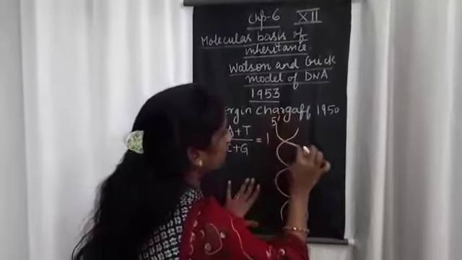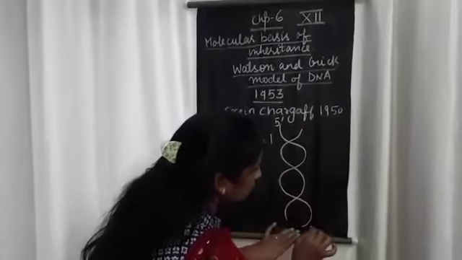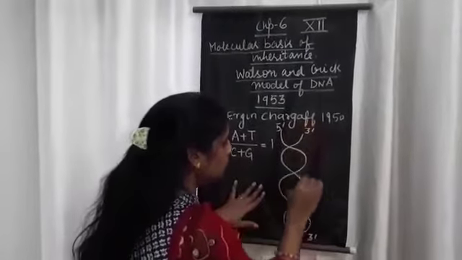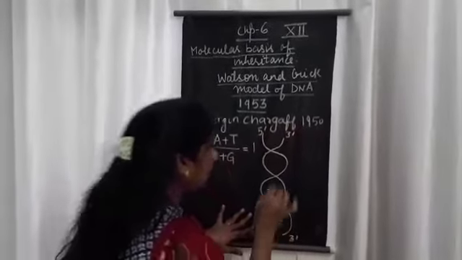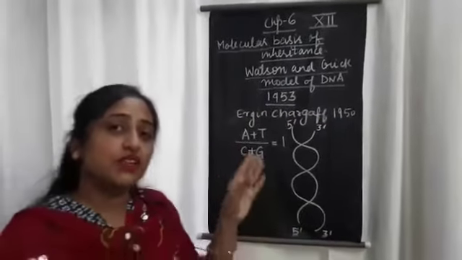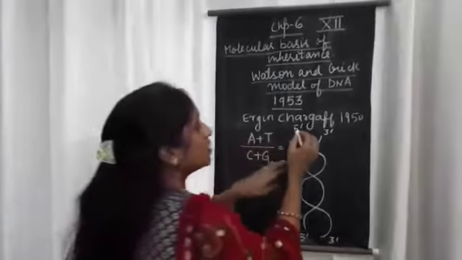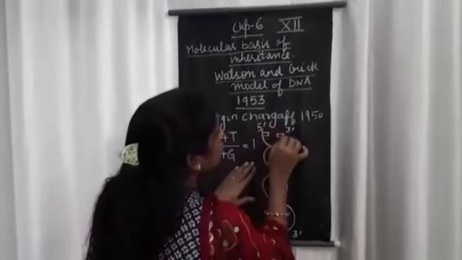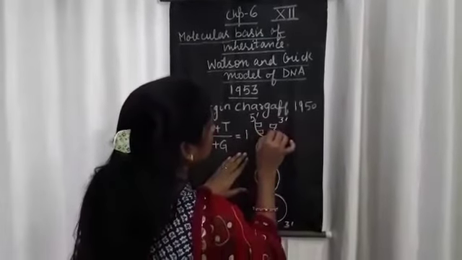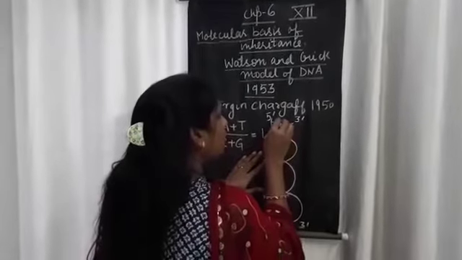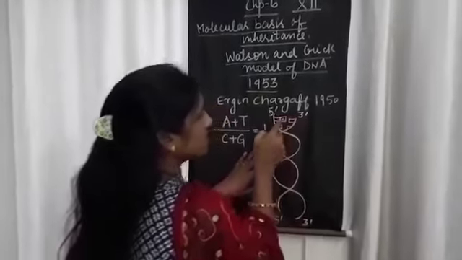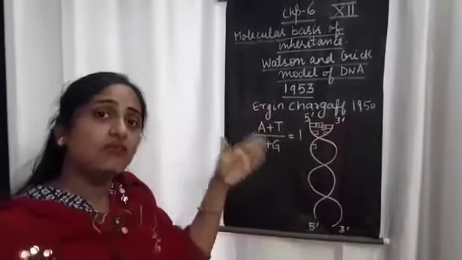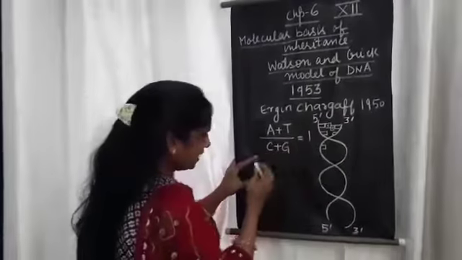The one strand will be 5' to 3', and the other strand will be 3' to 5'. So these strands are basically the phosphate group, and what we have got inside, we have got the sugars which protrude inwards, okay, and we have got nitrogenous bases like cytosine will be matching with the guanine and adenine will be matching with the thymine.